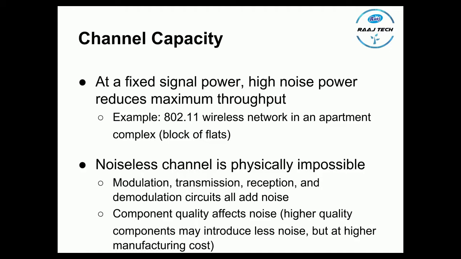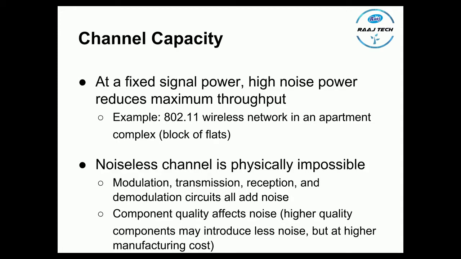A noiseless channel, a completely noiseless channel, is physically impossible because modulation, transmission, reception, demodulation circuits all add noise. And even if we're sending data down a cable or down a fiber optic line, properties of the materials themselves introduce a certain amount of noise in the signal. Now, the component quality does affect the amount of noise that is introduced.